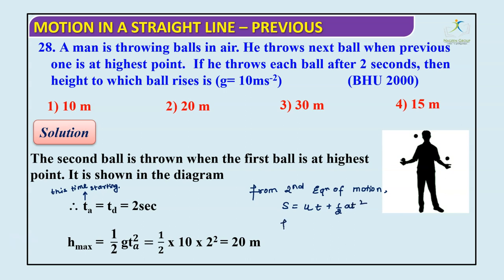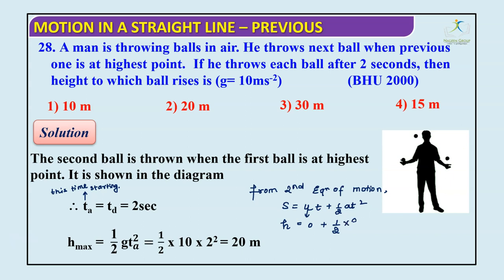For the case of height, if the initial velocity is 0, the object is at rest, so u becomes 0, and this becomes half. If we are just throwing the ball upward, we are doing work against gravity. But when the ball starts to fall down, the work is done in the direction of gravity.